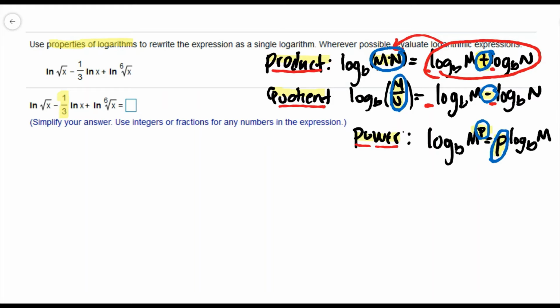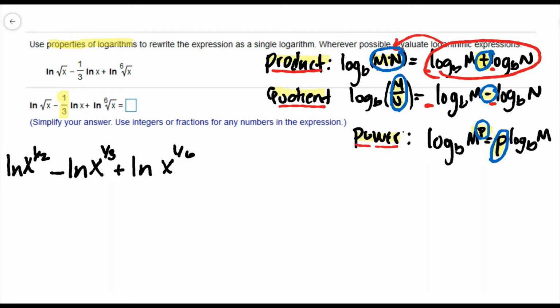So the first thing I'm going to do is move that 1/3 power into the exponent. Okay. On the other two expressions, natural log square root x, I want to rewrite the square root as the 1/2 power, and I want to rewrite the 6th root as the 1/6 power.